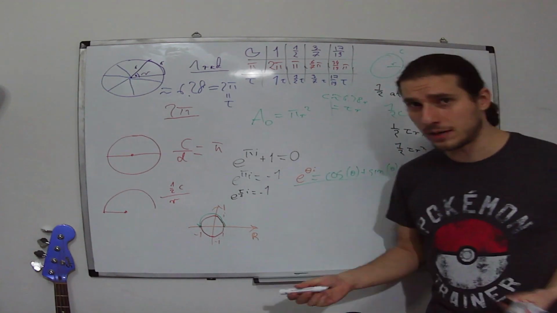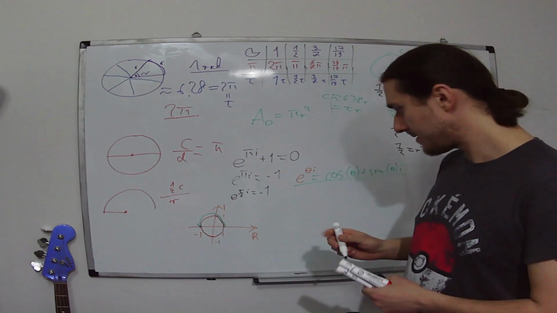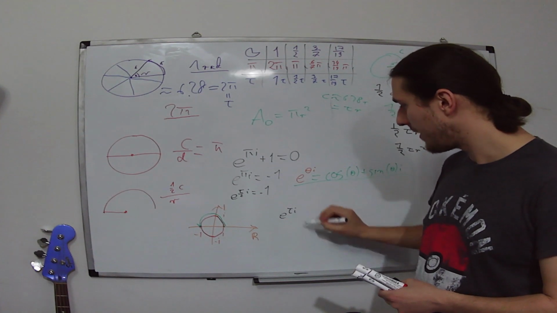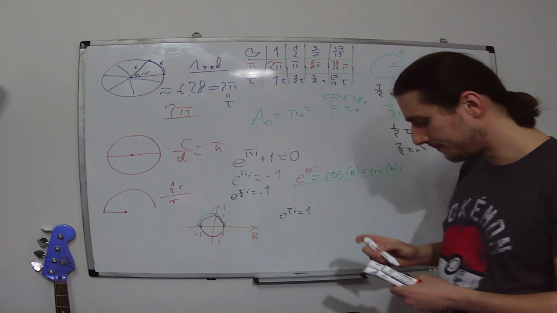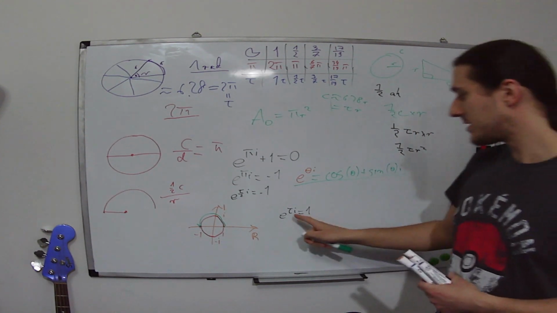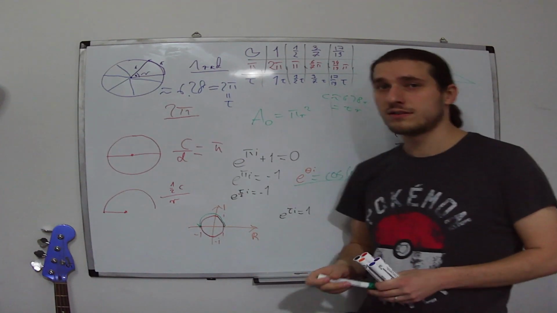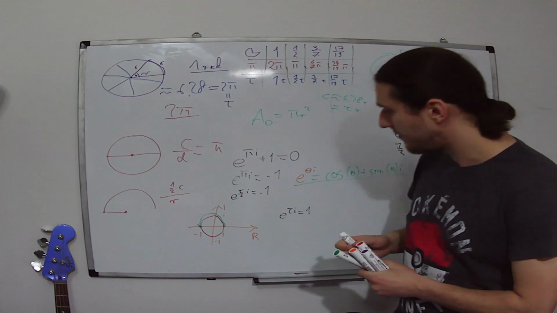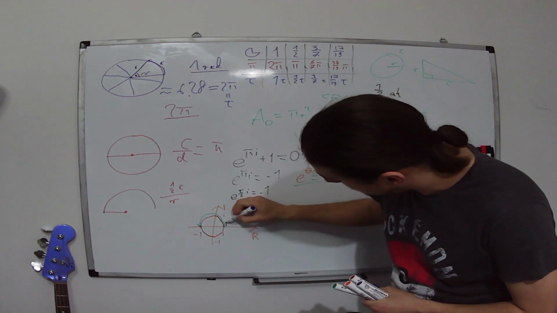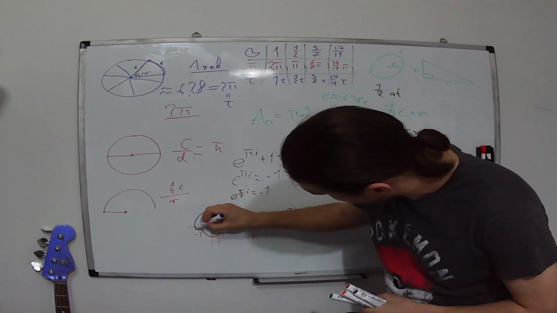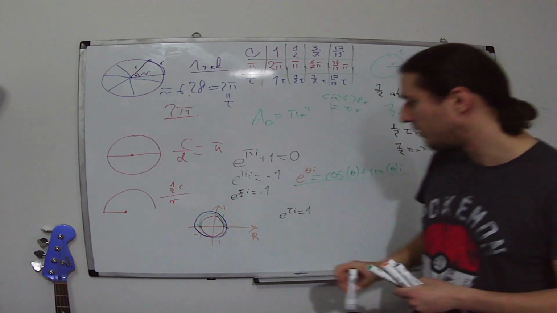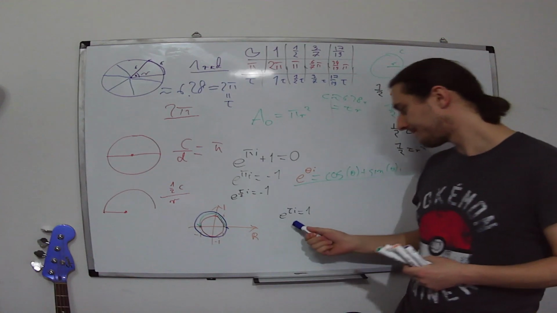But in my opinion, a more natural way to look at it is that e to the power of tau i is equal to 1. Why? Because tau radians, 6.28 radians, is describing a full rotation on that circle. So we start at 1, we go tau radians around, and we end up where we started, at 1.